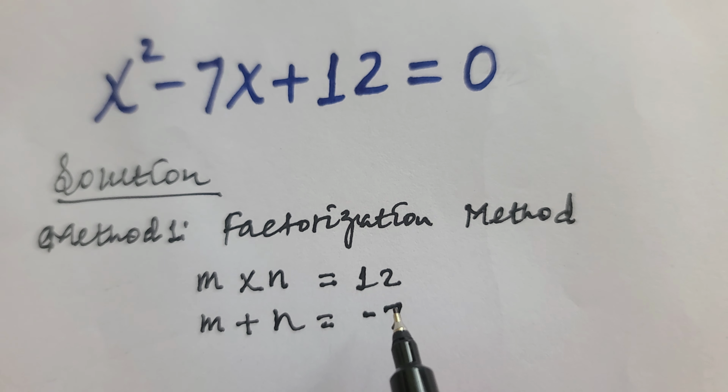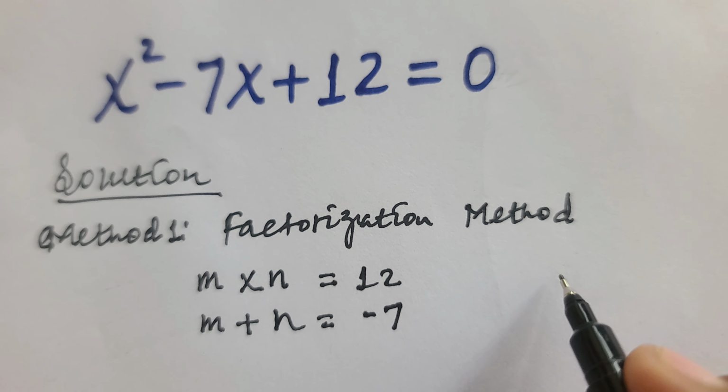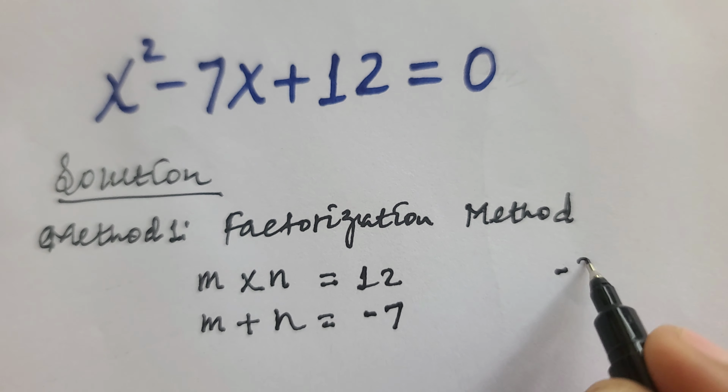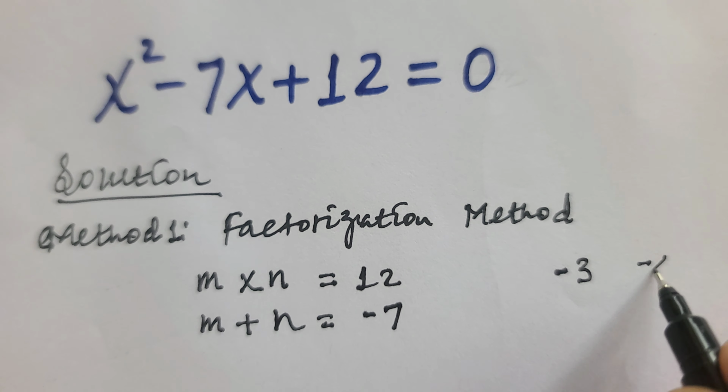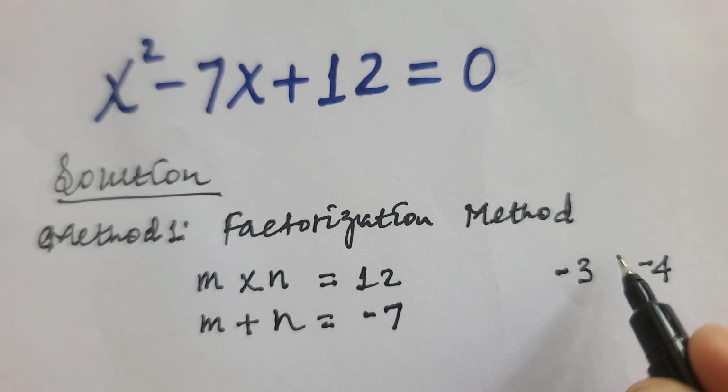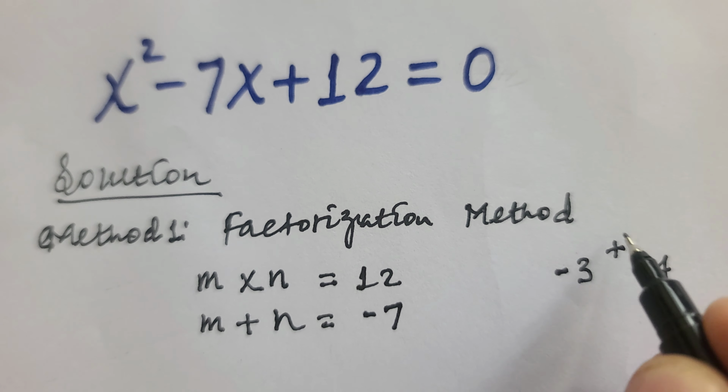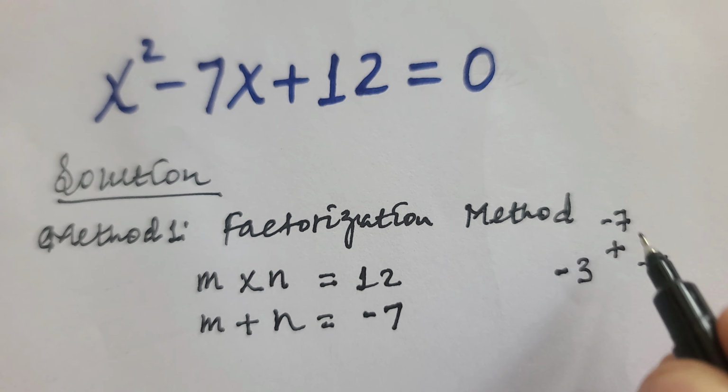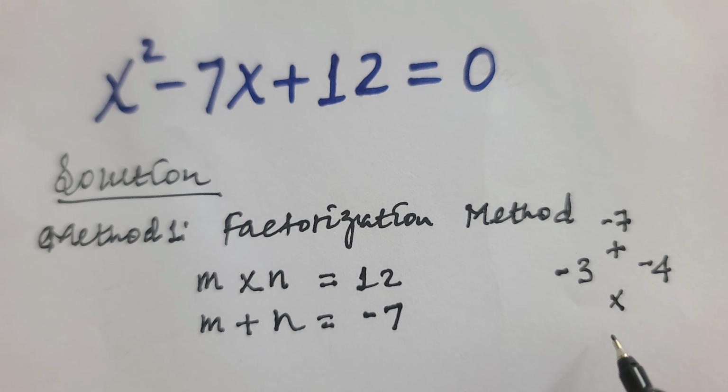Actually, these are factors of 12. These numbers are minus 3 and minus 4. If you add, you get minus 7. If you multiply, you get 12.